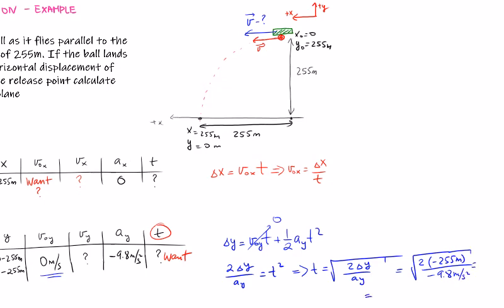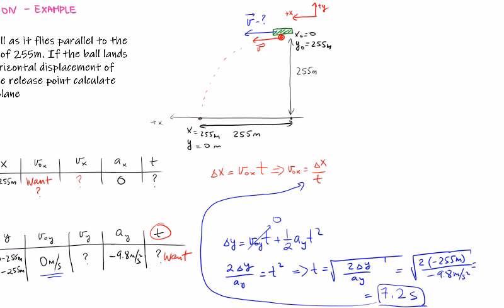Let's plug this into the calculator. I get 7.2 seconds. Now I can take this 7.2 seconds and plug it into my expression for v naught x.